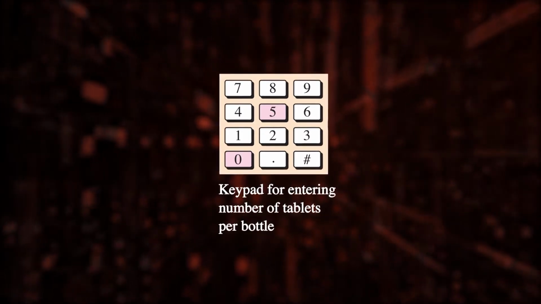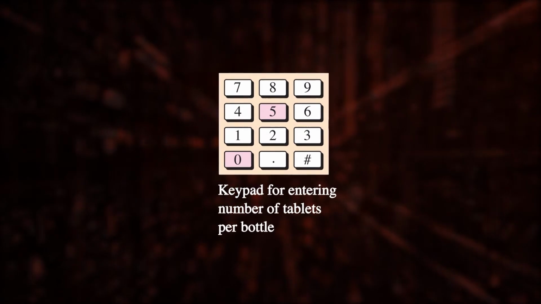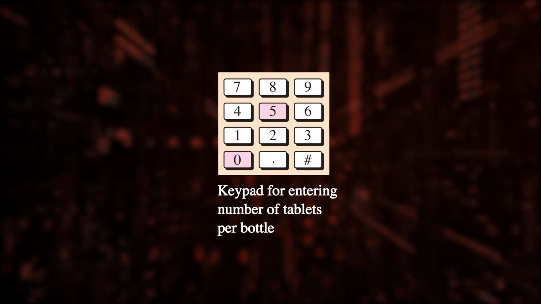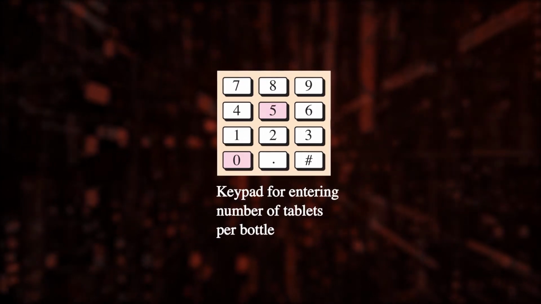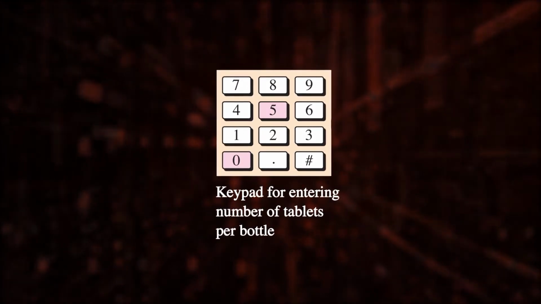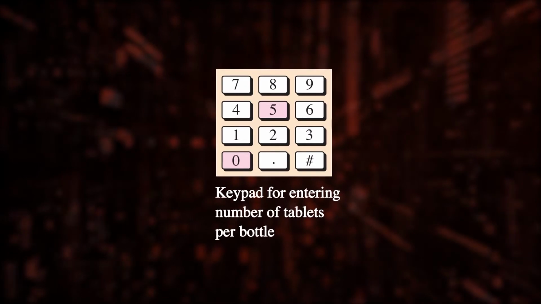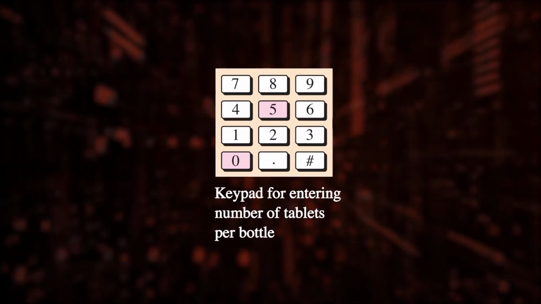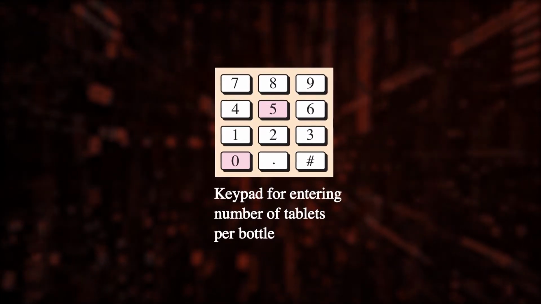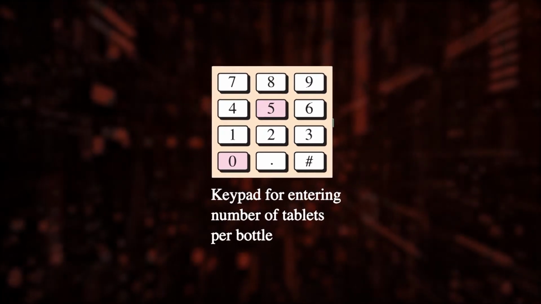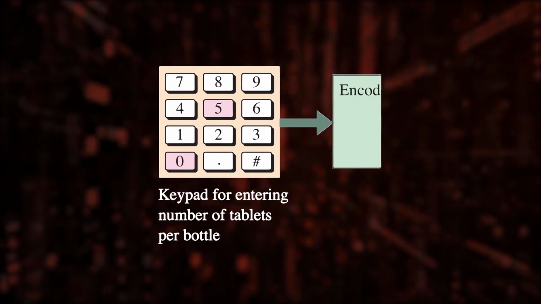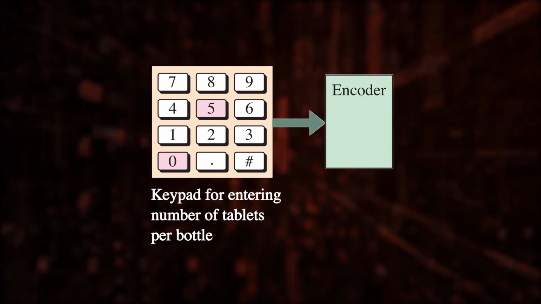No mechanical components can remember the number or add the number as each tablet is dropped into the bottle. So, we need digital components. The decimal value entered at the keypad cannot be sent to any of the digital circuits. So, we need to encode the input data. Here we introduce one of the circuits we learned, the encoder.